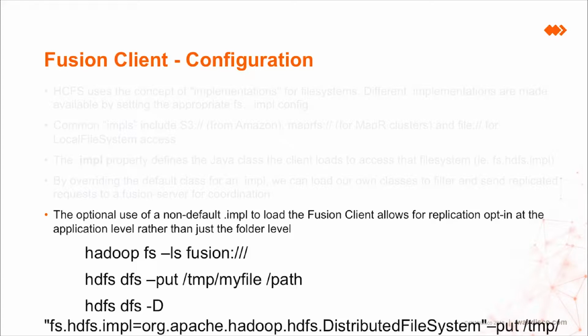Another way to do this is hdfs dfs -put tempfile into path. That's a regular intercept, and to remove the Hadoop distributed file system impl, you could use that hdfs dfs command with the -D option for the put.